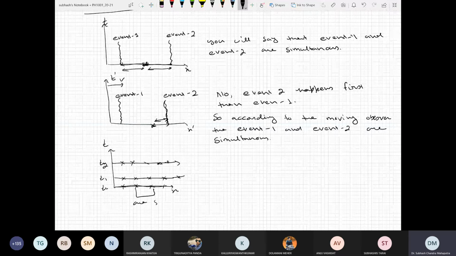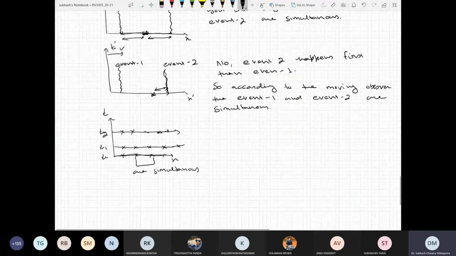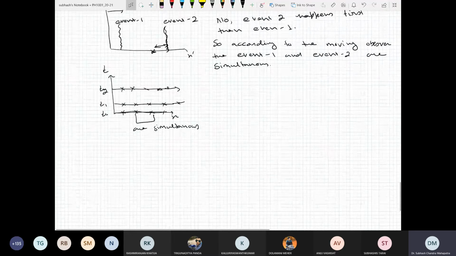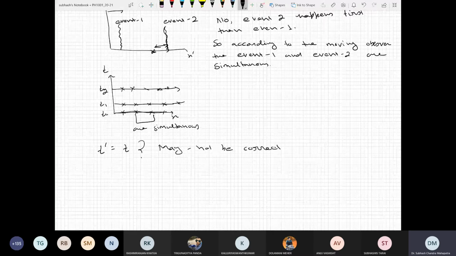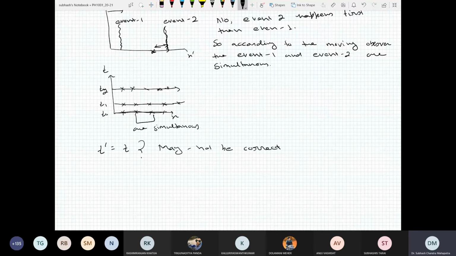So these two events are simultaneous. If these two events are simultaneous, then this approximation that t prime is equal to t may not be correct.